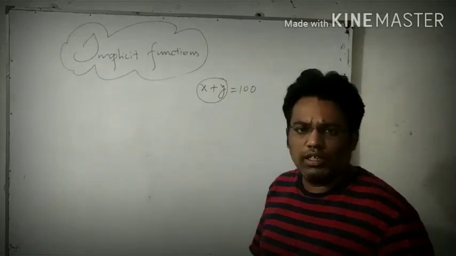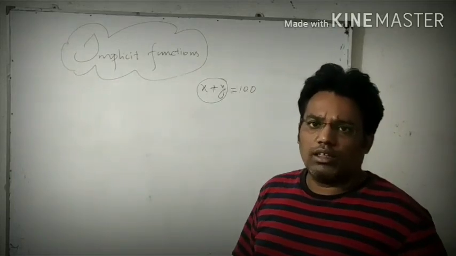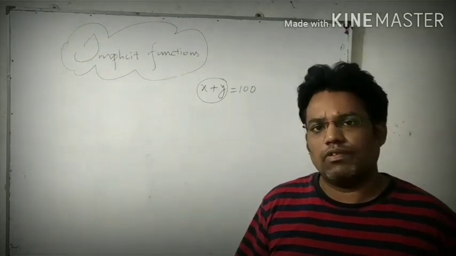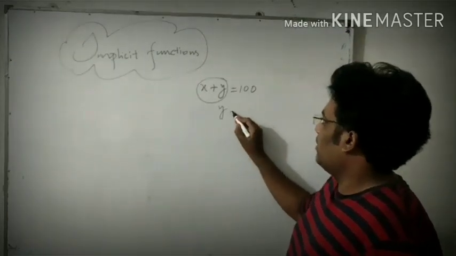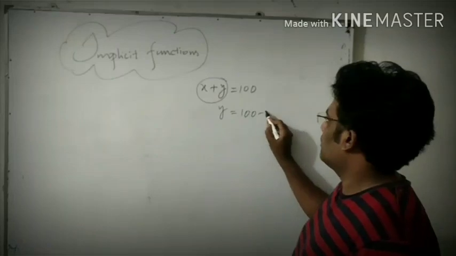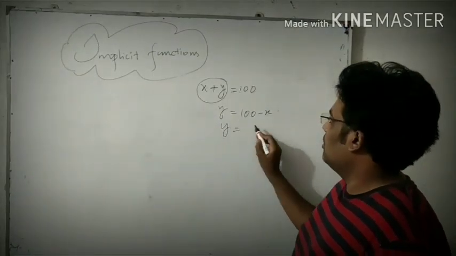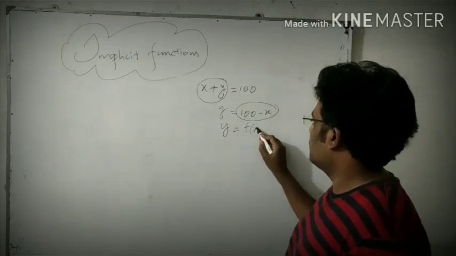We have a function in terms of both x and y, and you may have a question: is there any possibility of converting this to explicit? Yes, for a few functions you can convert. I can write this as y is equal to 100 minus x. Now this is a function in terms of x, I can write this as f of x.